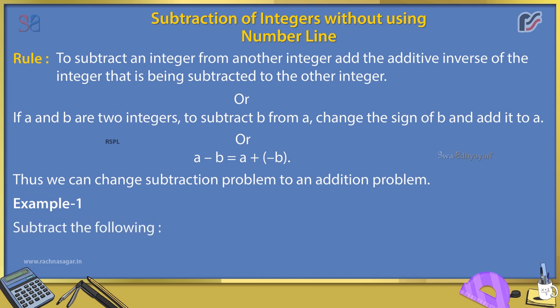Example 1. Subtract the following: a. −5 from 2, b. 4 from −3, c. −4 from −5, d. 7 from 3.